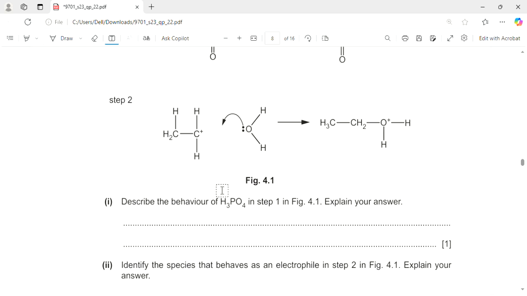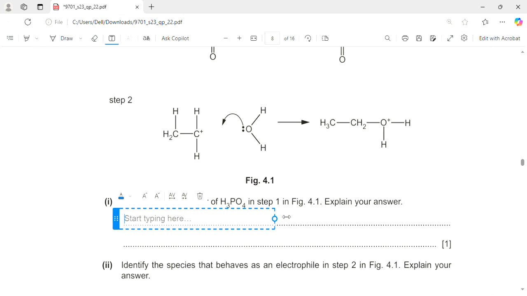It looks like an acid, behaves as an acid, or I can write this: it acts as an acid or a proton donor.